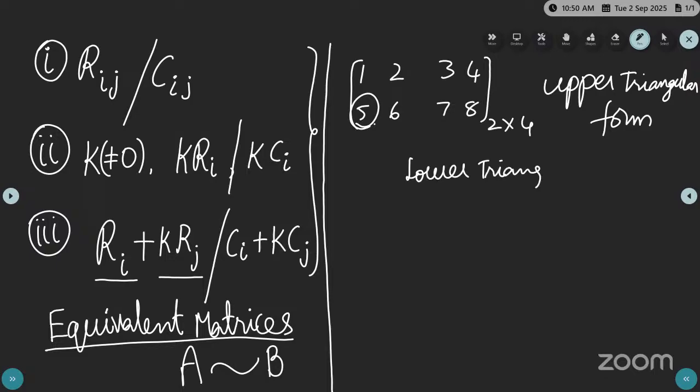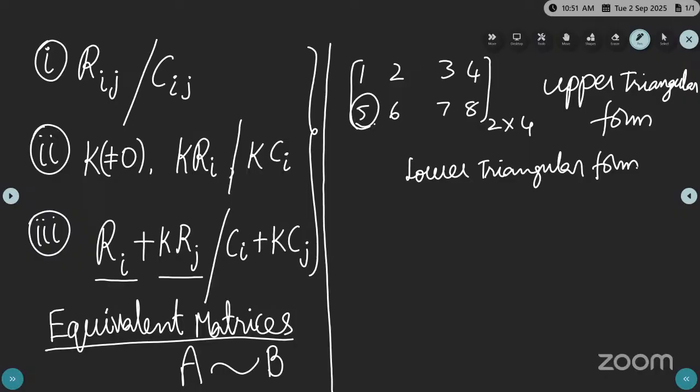Write down: by applying column transformations, the matrix is reduced into lower triangular form matrix.